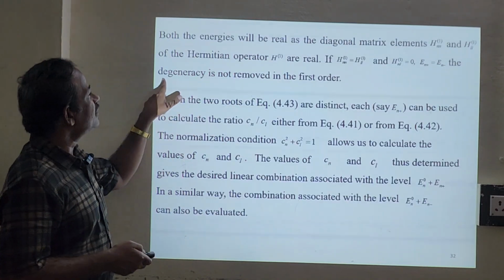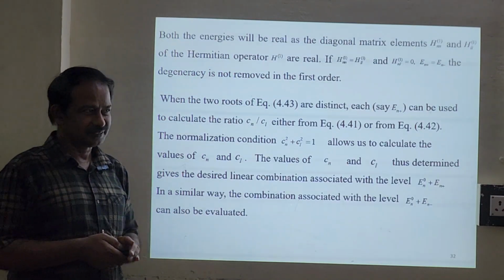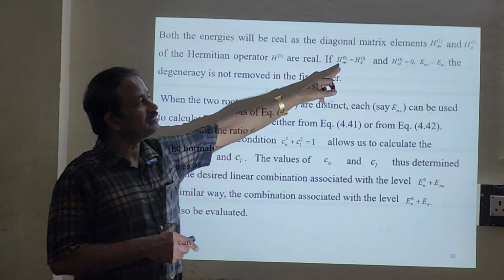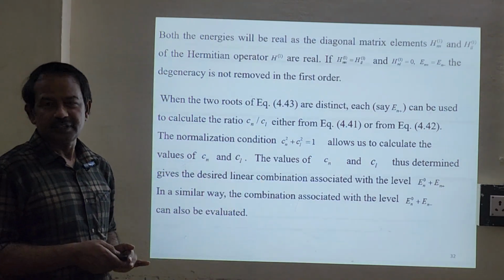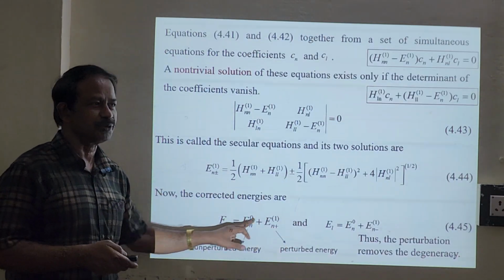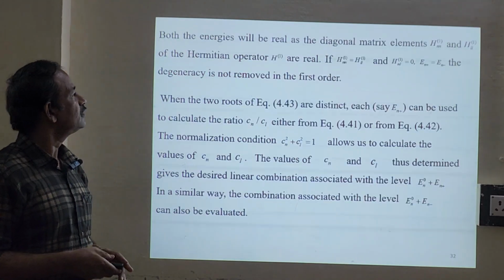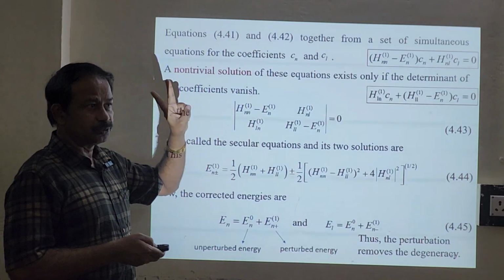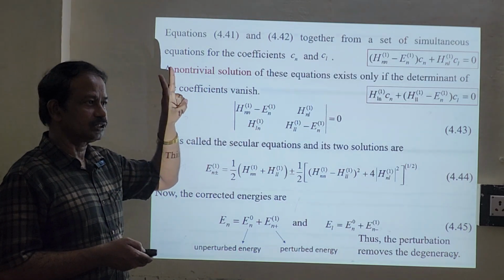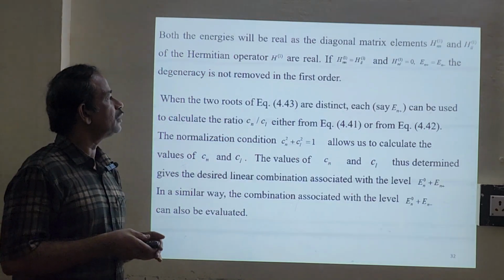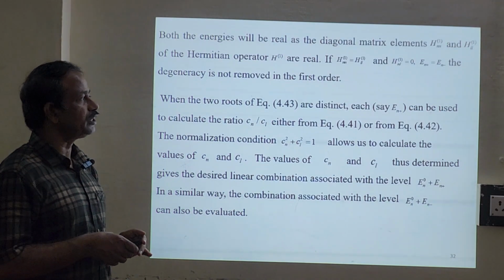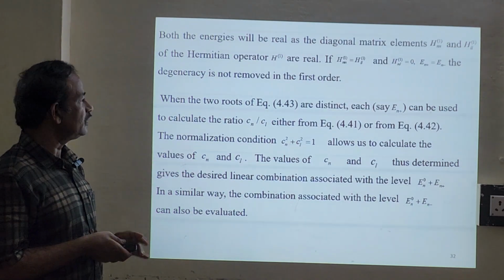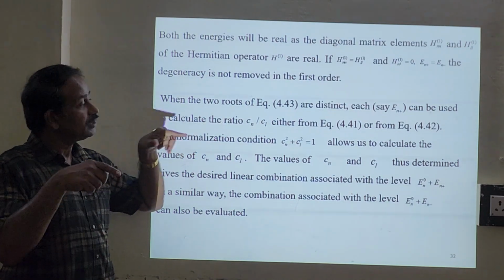So it says that the degeneracy is not removed in the first order if this condition is satisfied. If it is not satisfied, of course we have already removed it. Now, the two roots of equation 4.43, since we have a 2 by 2 matrix, so we have 2 roots. If the 2 roots of equation 4.43 are distinct, that is, different, they can be used to calculate the ratio Cn by Cl.